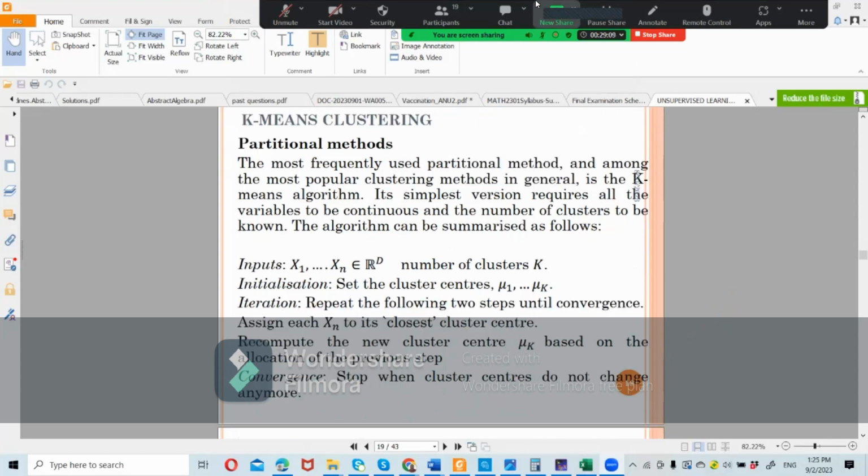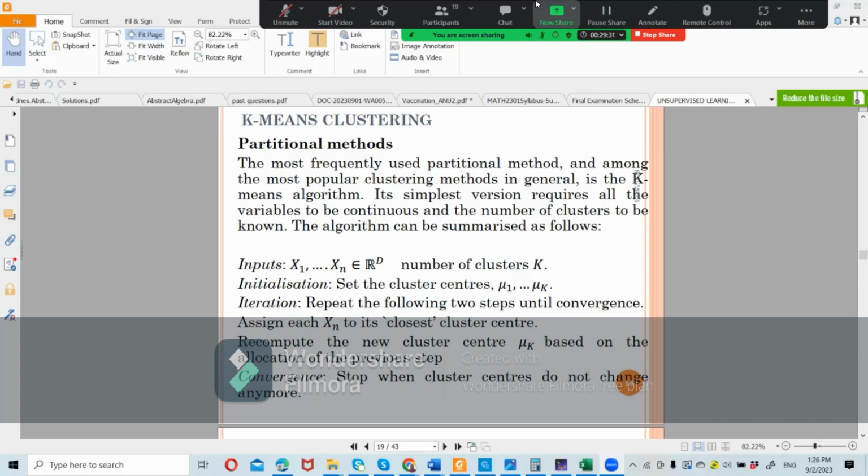Okay, now we move to k-means clustering. K-means, as the name implies, what we do is, when we have a set of data, I think in the slide I meant to share, I applied the difference between hierarchical clustering and k-means clustering.